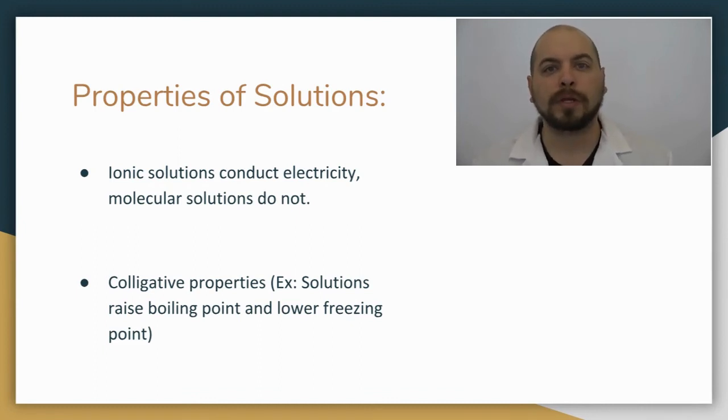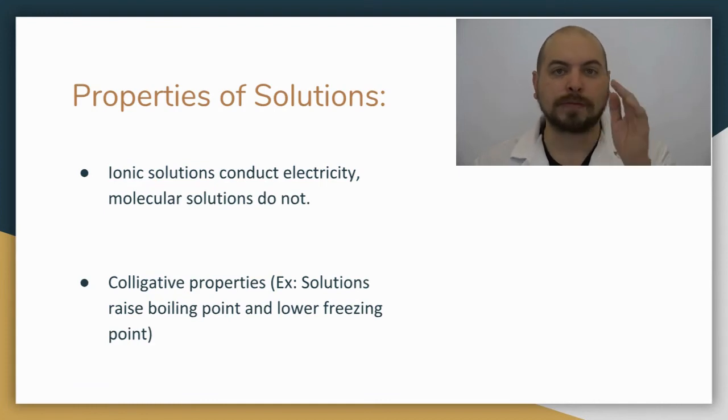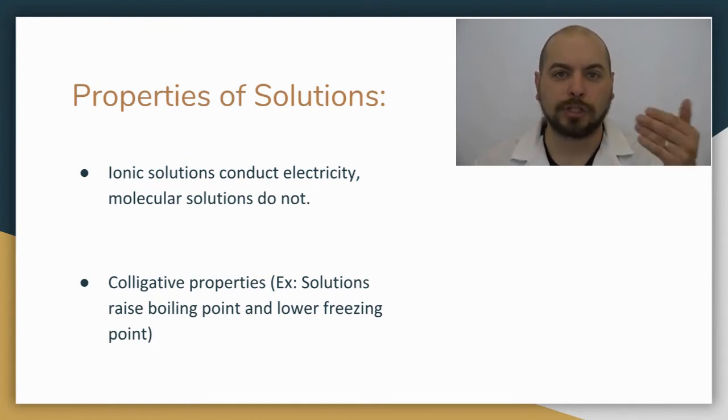Boiling point with more stuff goes up. So if I have water and I add more stuff to that water, either molecular or ionic stuff, the boiling point is going to go up. If I add stuff to water, the melting point or freezing point will actually go down. So as a result of adding stuff to water, we can change the melting point or the boiling point of the water.